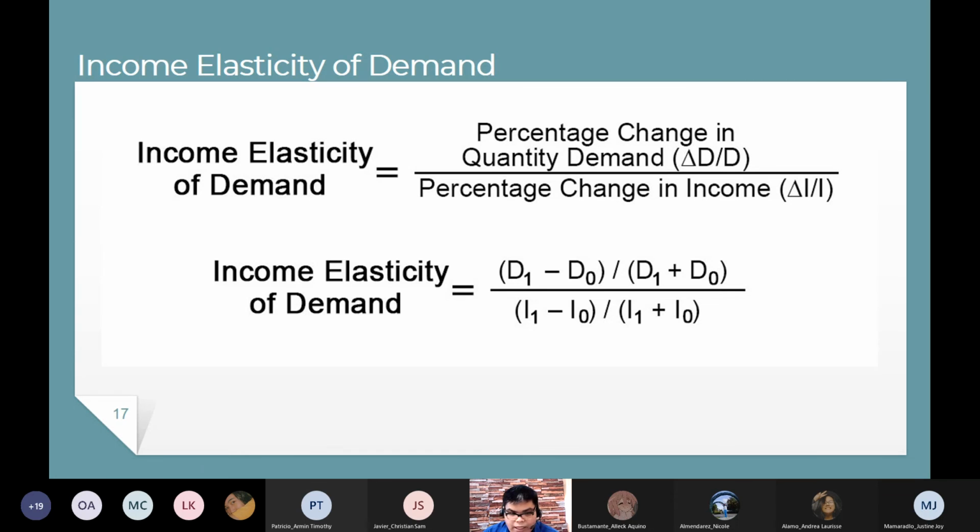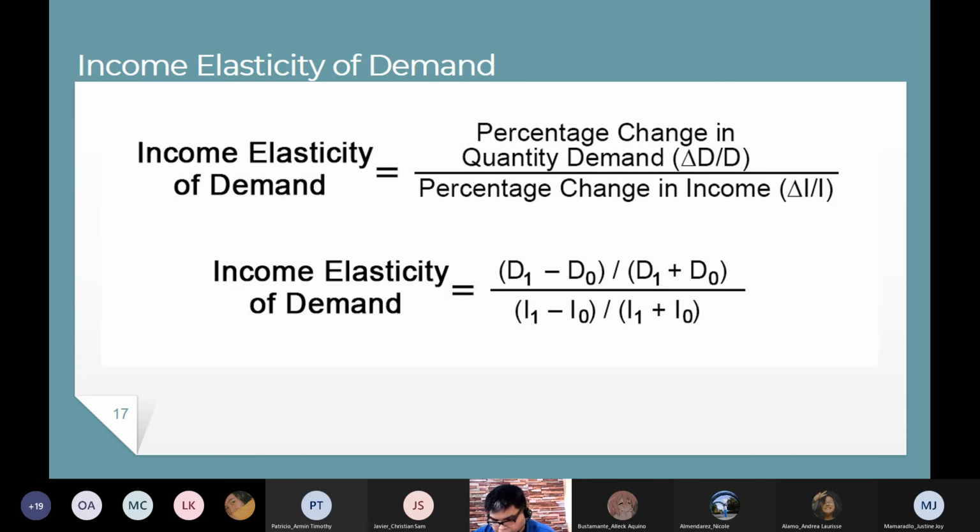Tumataas naman yung income natin pero hindi siya ganun ka-dynamic unlike sa goods. Like, let's say, minimum wage is 537 for how many years already? 2, 3 years na. Pero yung mga cost of goods natin ay almost every few months tumataas.